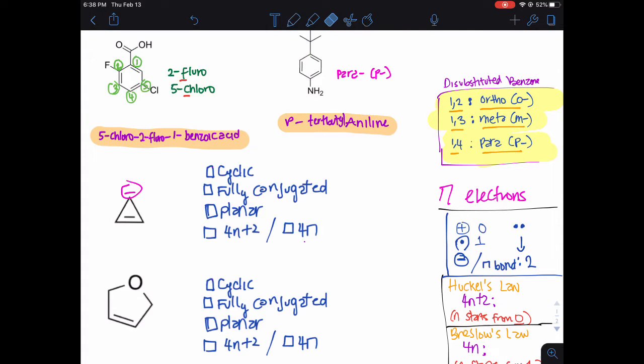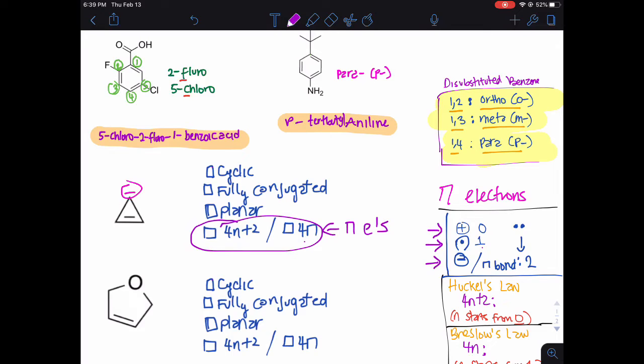Okay, so what do these 2 mean down here? This is how you count your pi electrons, right? And how do we count our pi electrons? When you have a positive charge, that will count as 0 pi electrons. When you have a radical, that will count as 1.